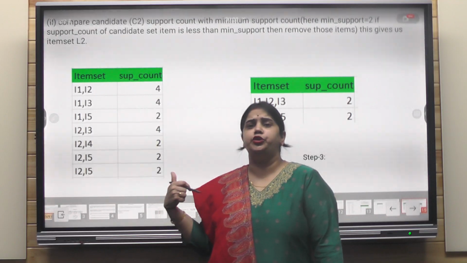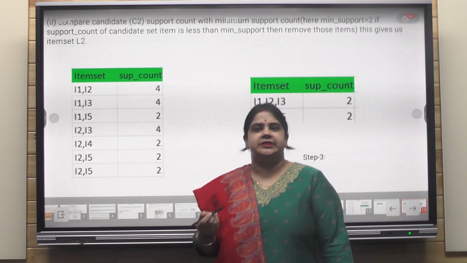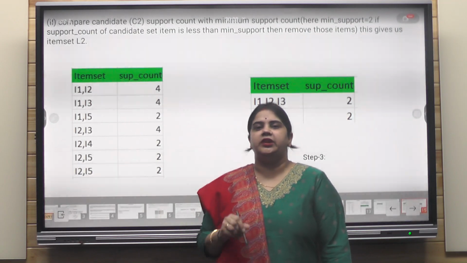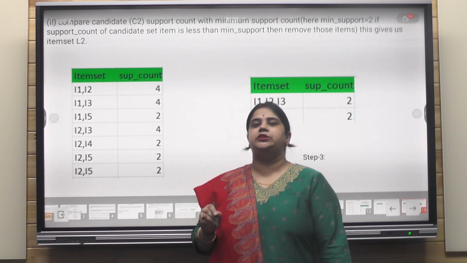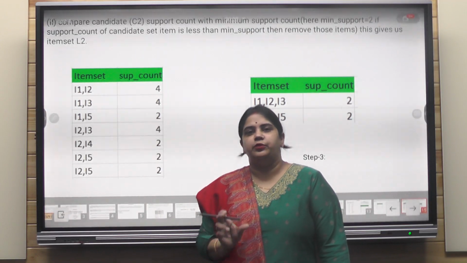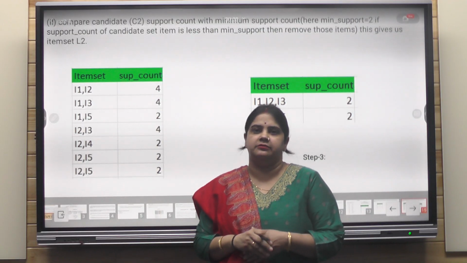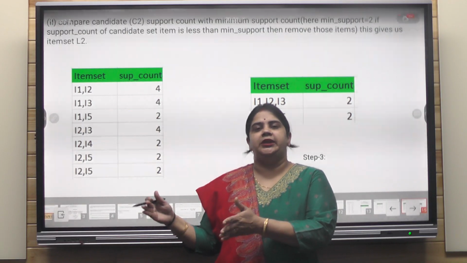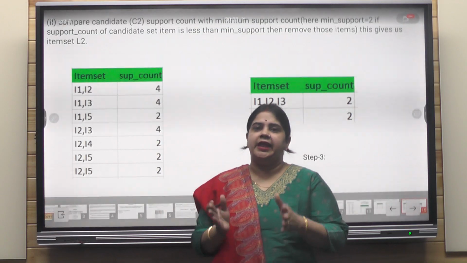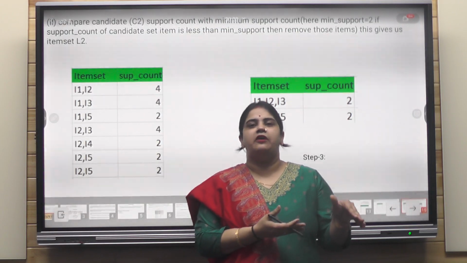And we are not going to terminate here. What will be our next step? Our next step will be to create a candidate set C3. So what is C3? The length of individual item sets will be 3. Your bucket now has 3 items. So we started with individual items of length 1, then subsets of length 2, and now we are seeing subsets of 3.